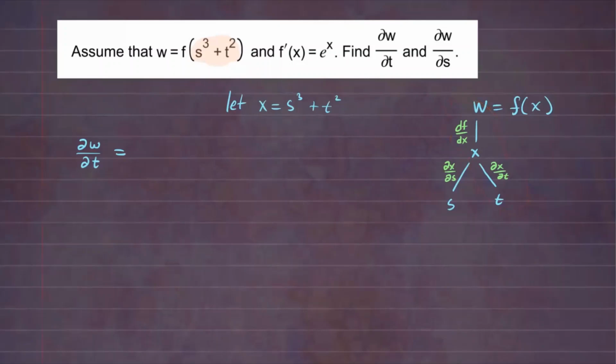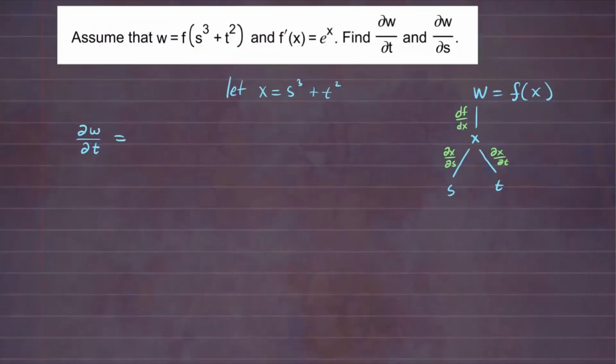Now, again, if you want to replace w with f, feel free to do that. So this will give us the derivative of f with respect to x times the partial of x with respect to t. And the derivative with respect to x, that's right here, it's given to us. That is e to the x. So we have e to the x times, now we take the partial of x with respect to t.